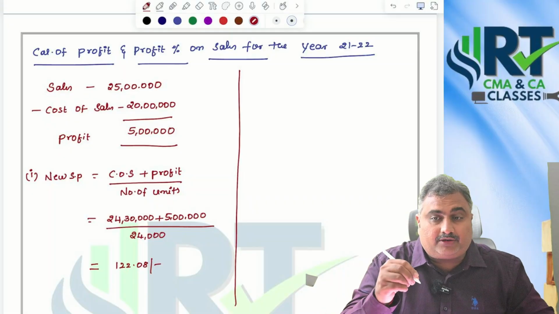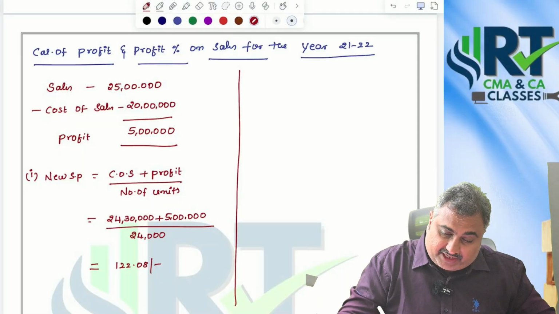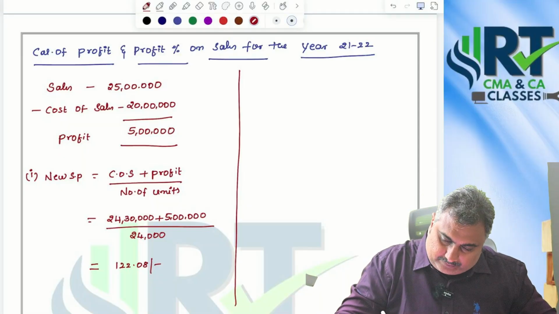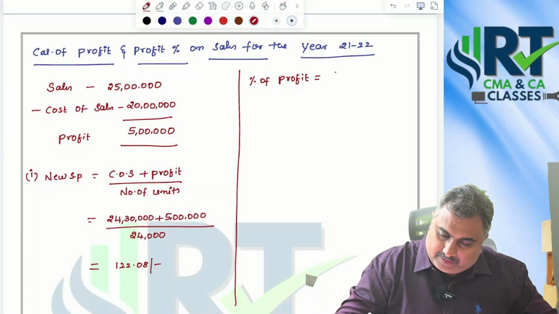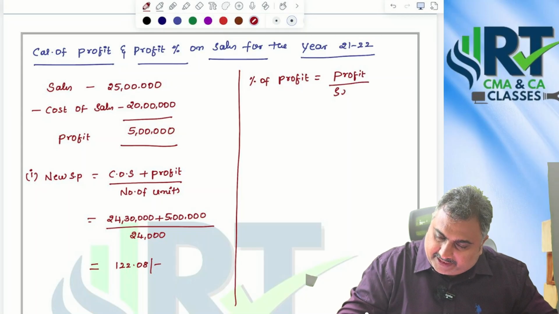Same way, second bit, what they are asking is the same rate of profit. That's the reason percentage of profit equals profit divided by sales into 100.